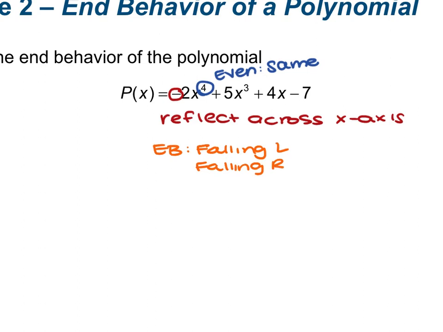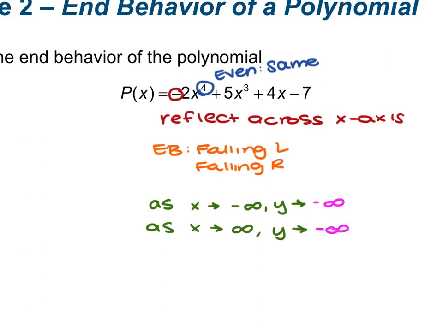From here, the only thing I have to do is give my end behavior notation. As x goes to negative infinity, we are both going down. Y is going down as well. Y goes to negative infinity. And as x approaches infinity, y approaches negative infinity again.